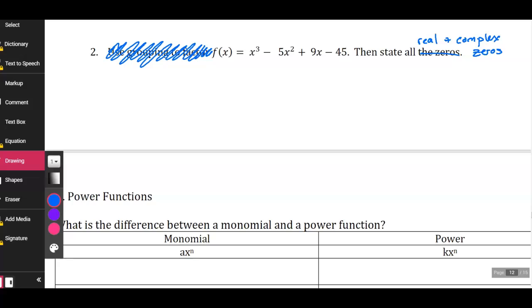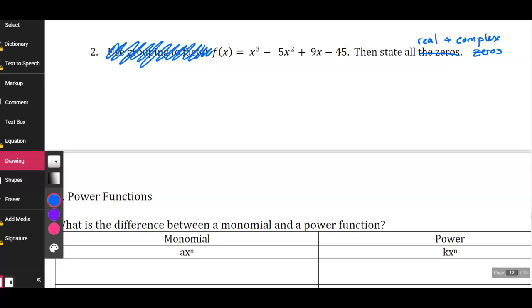Right, we did end up using a calculator. Remember, we plugged this into the calculator, or what we did was we used the rational root test.